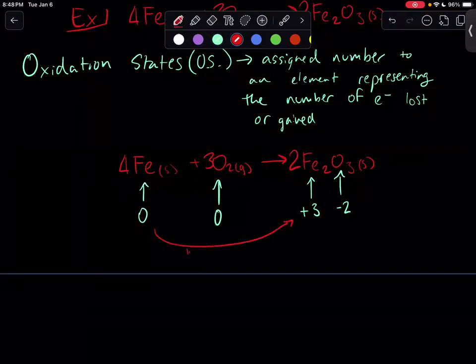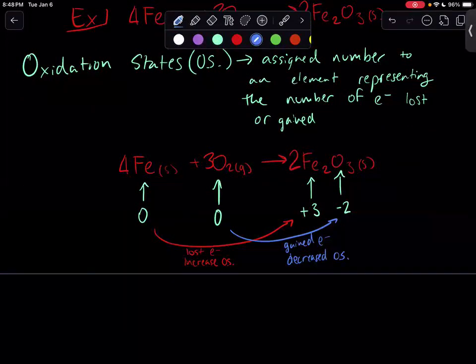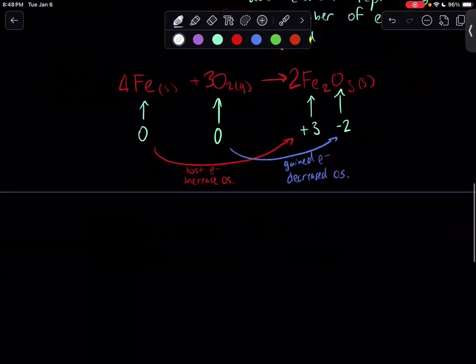And so as we look at these oxidation states, we can notice two things. Iron lost electrons, or the oxidation state increased. On the other hand, oxygen gained electrons, or the oxidation state decreased. And so what actually happened in this reaction?